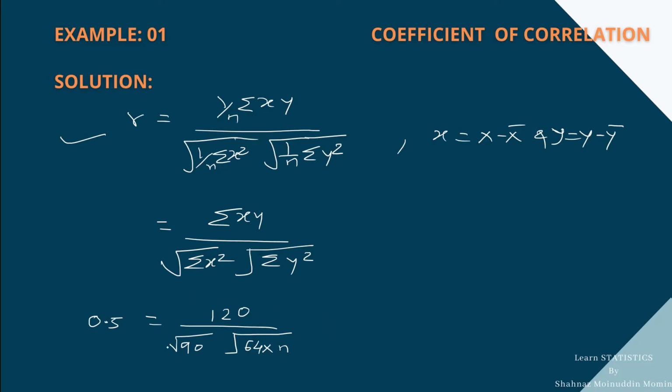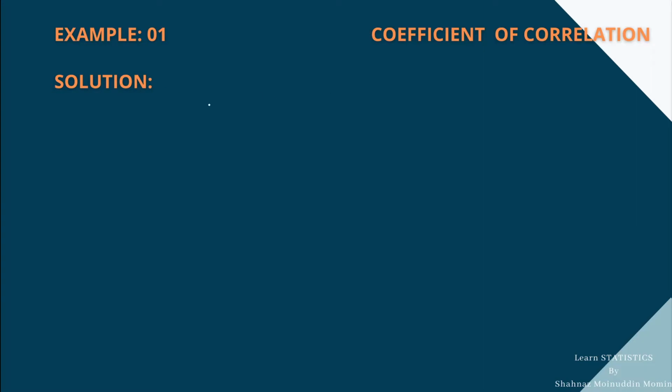By squaring on both sides we get 0.25 is equal to 14400, the square of 120, divided by, due to squaring the under root sign gets cancelled, 90 into 64 n.